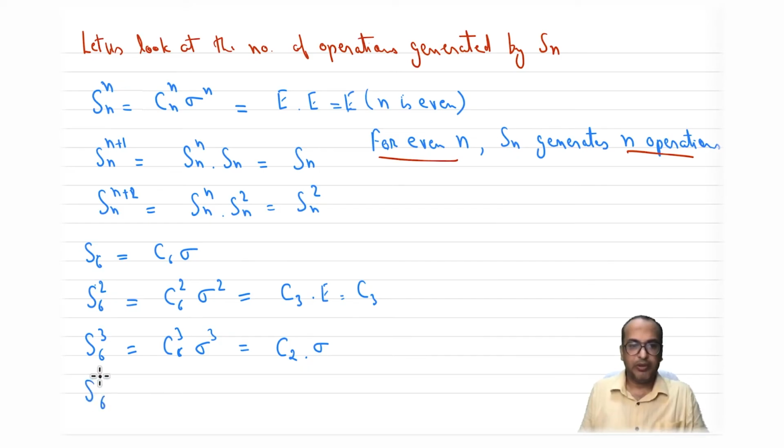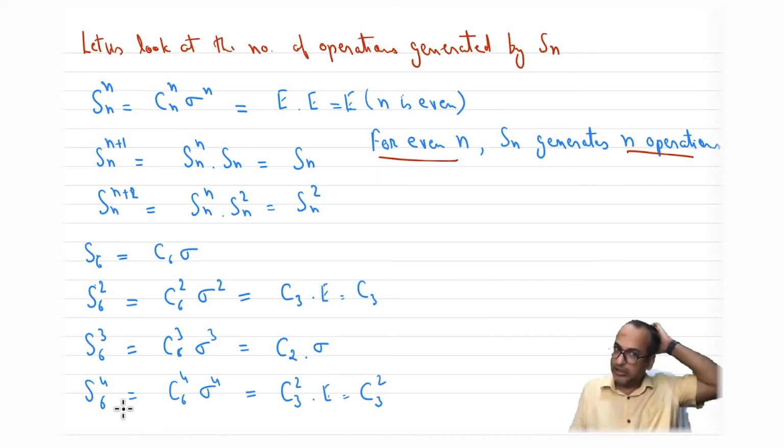Now S6 to the power 4 will be C6 to the power 4 sigma to the power 4, which is C3 squared and E. So this is C3 squared. So C3 done twice is S6 done 4 times.